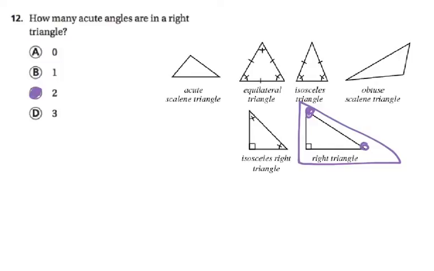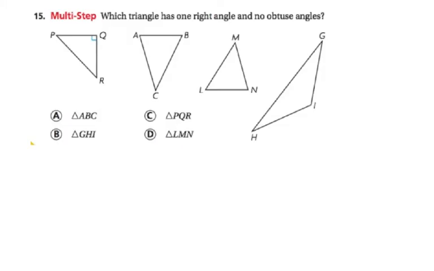All right, let's look at another one together. This is a multi-step problem. Which triangle has one right angle and no obtuse angles? Okay, well, this is really nice because look, they gave us a symbol to say there's a right angle.